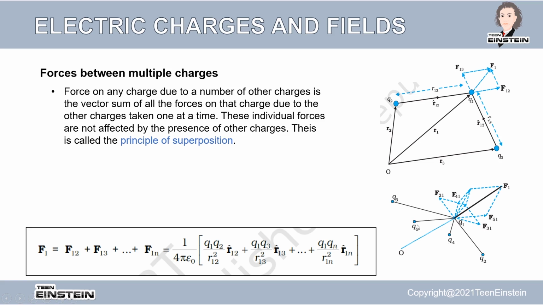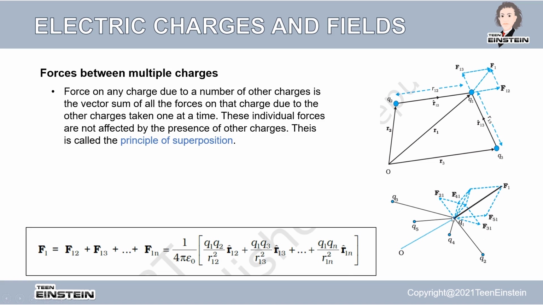and again similarly ignore all the other charges and take Q4 and find out what is the force, that is F41, this is the vector, and again ignore all the other forces and take Q2 and find out what is the force, it is F21. Now what we have to do is we have to find the vector sum of all the forces, F21, F31, F41, F51.